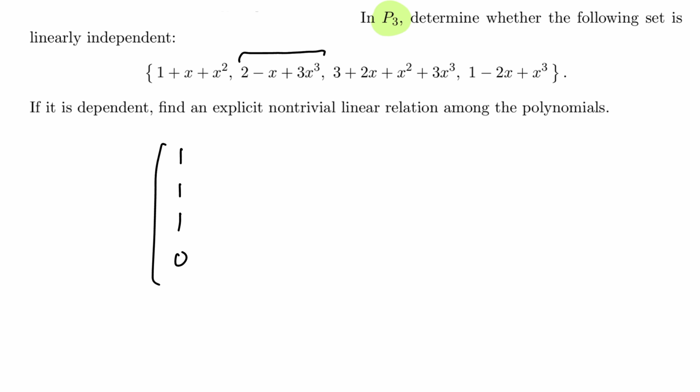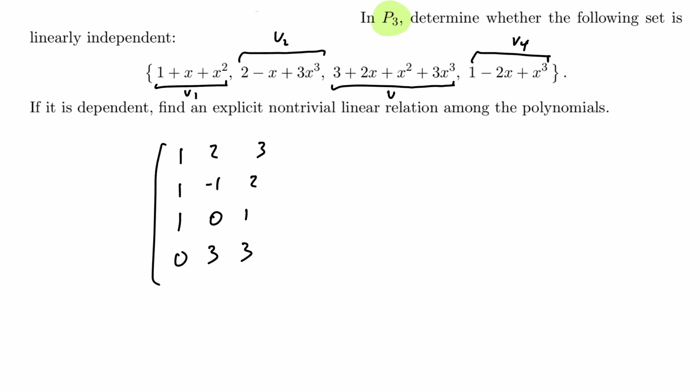Call this V1, this will be V2: 2, negative 1, 0, 3. Then I've got V3 here: 3, 2, 1, 3. Then I have my V4 set here, and this can be 1, negative 2, 0, 1.